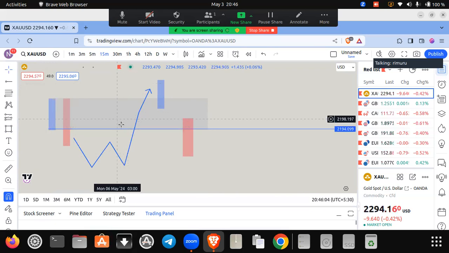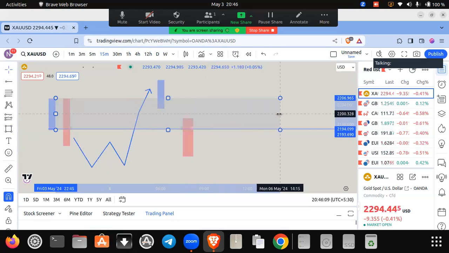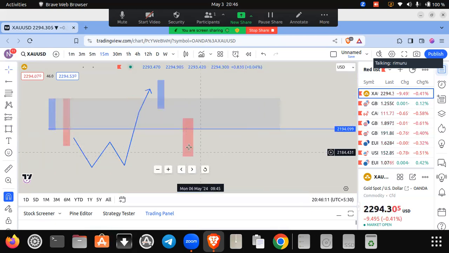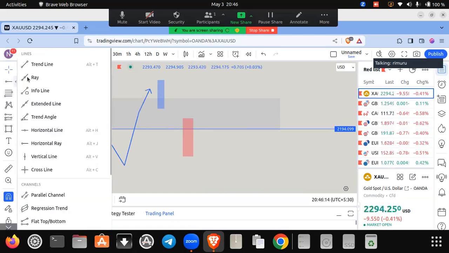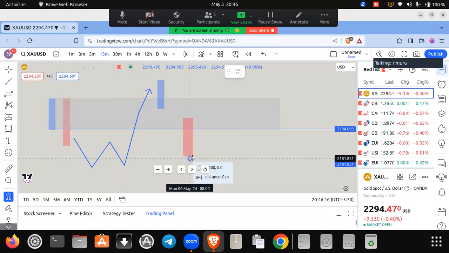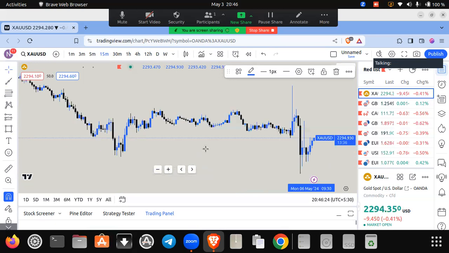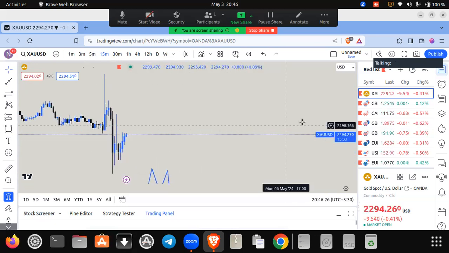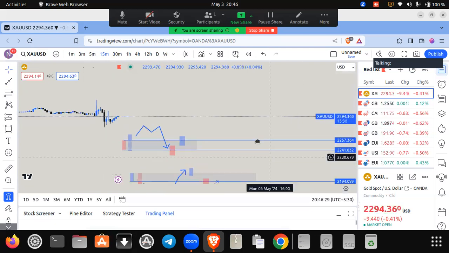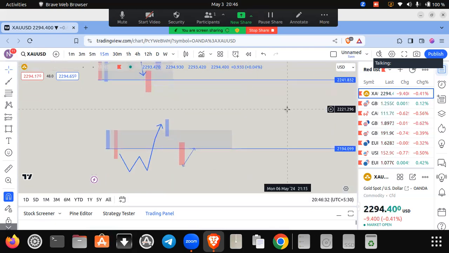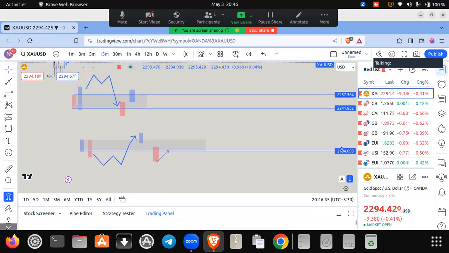Now this zone will be again used for selling purposes. You can take trade here or you can wait for a retest until here and take trade here. This is hidden engulfing buy zone and this is hidden engulfing sell zone.